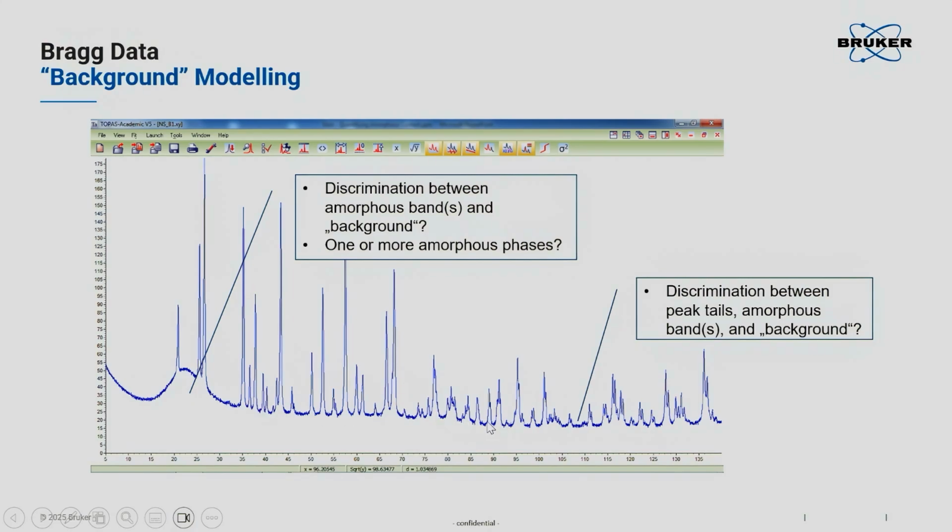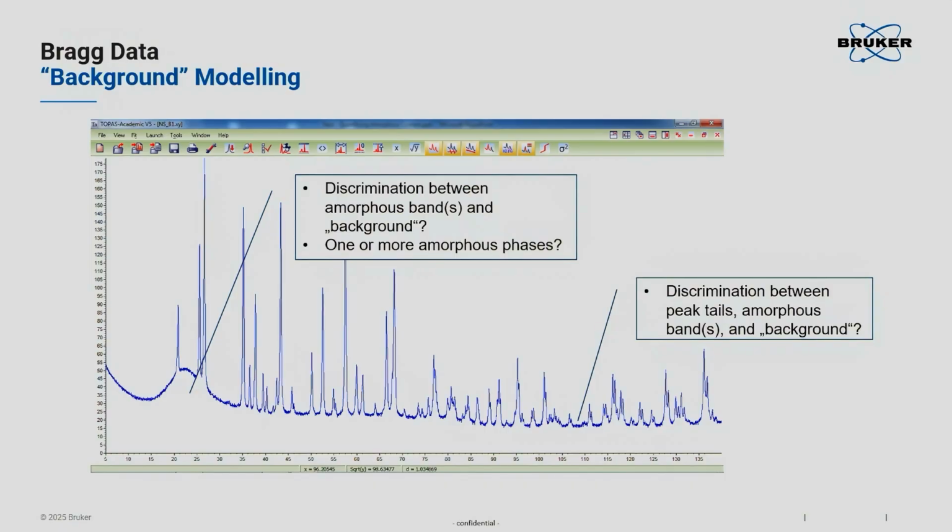And here's something like the second order. Can you tell this is one or two amorphous phases? Difficult. No? Well, in this particular case, it's one. But if it was two, it's very hard to tell. The peak overlap would be much too hard.